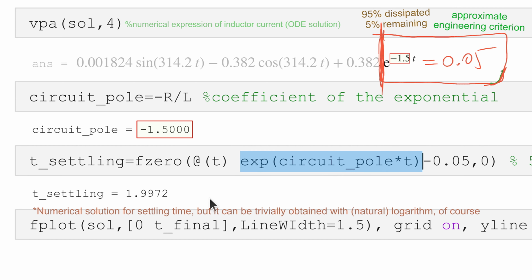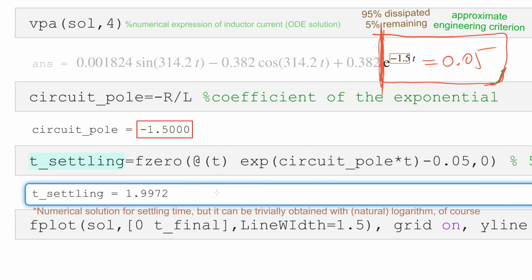Of course, I can do it with logarithms, and in fact, the settling time is the natural logarithm of 0.05 divided by the pole, and the natural logarithm of 0.05 is roughly minus 3.